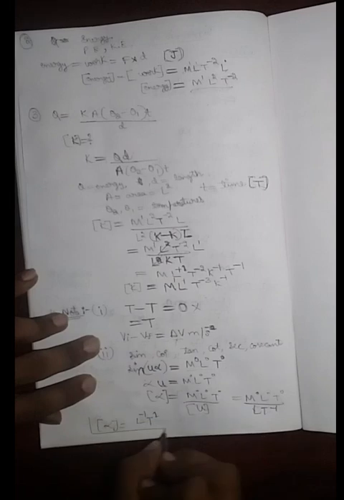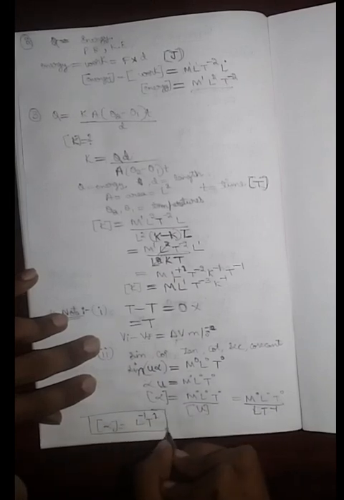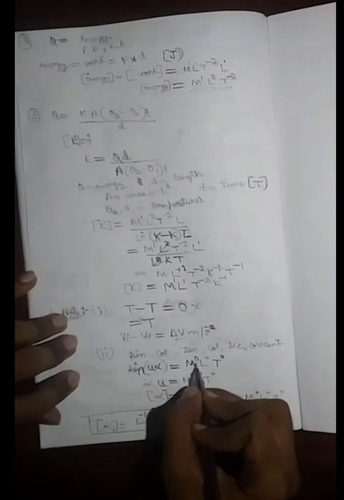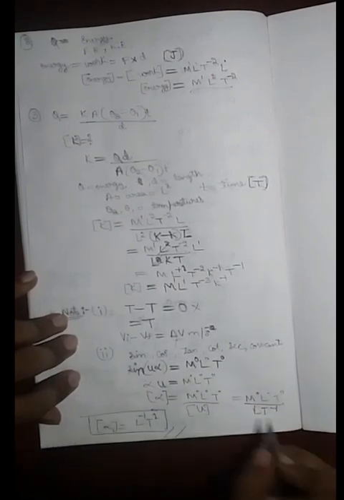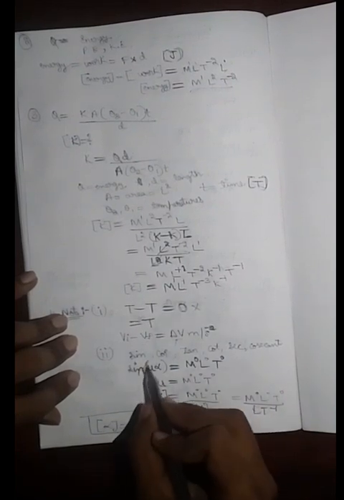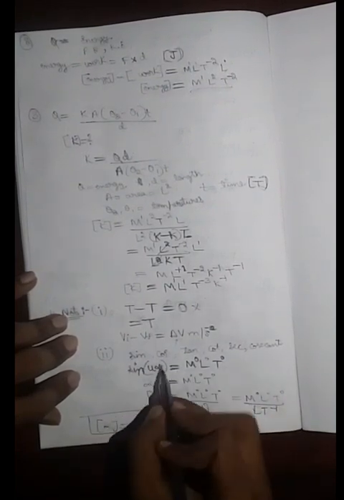This is the dimensional equation of alpha. Therefore, whenever we see a trigonometric function, we should know that it does not have any dimensions, and whatever is inside will cancel each other to give the dimension of sine, cosecant and other trigonometric functions as 0.